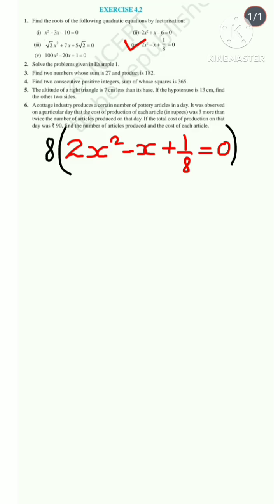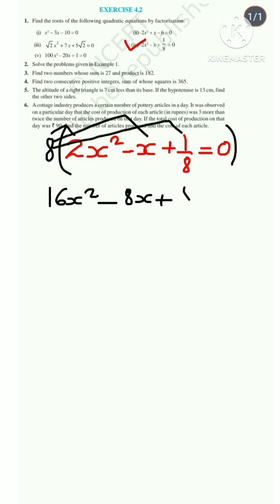Then we obtain 8 into 2x square, 16x square, again plus into minus, minus 8 into x, 8x, plus into plus, plus, and 8 ones are 8 and by 8 equal to 0.